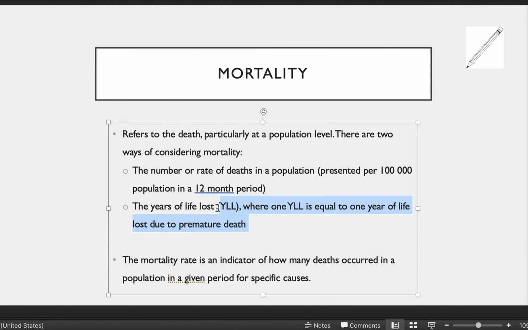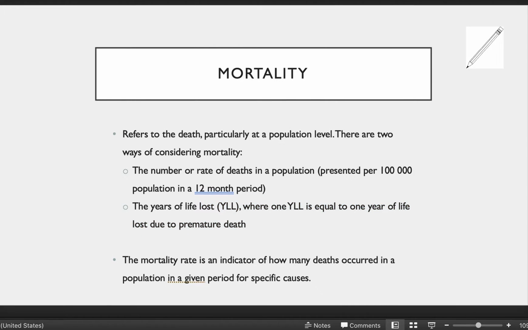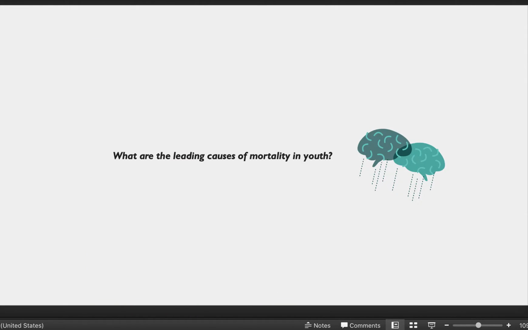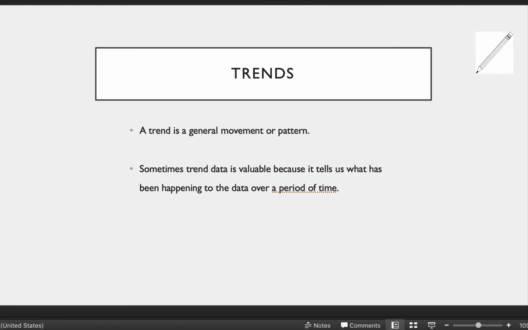One of the other things you saw here, and I mentioned it but skipped over it, was years of life lost. We'll talk about that today to give you an understanding of what that exactly means. We went through some numbers, and then you went on to some websites to find some answers. Finally, we talked about trends, and I was pretty confident that at Year 10 level, after the number of mathematics lessons you've had so far through primary and secondary, you should know what a trend is.